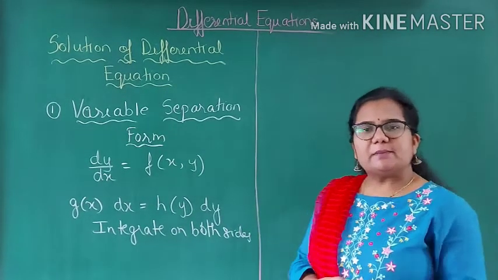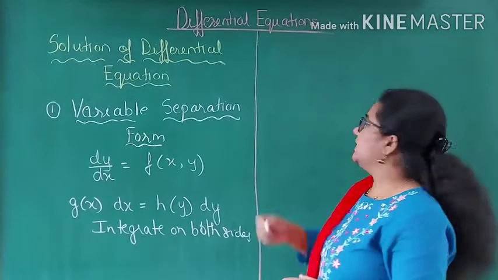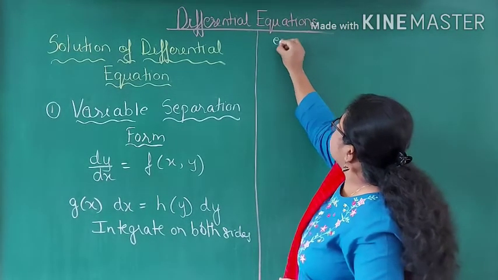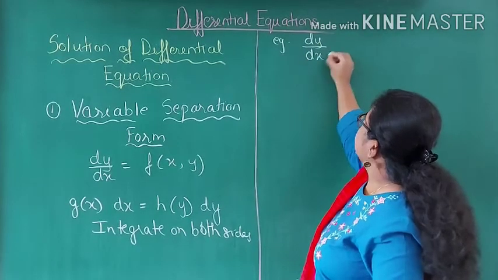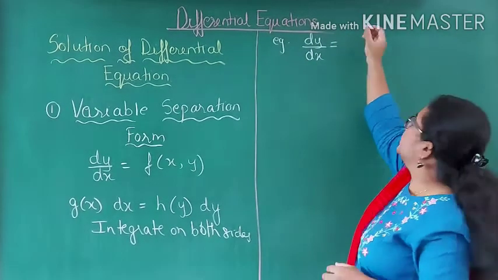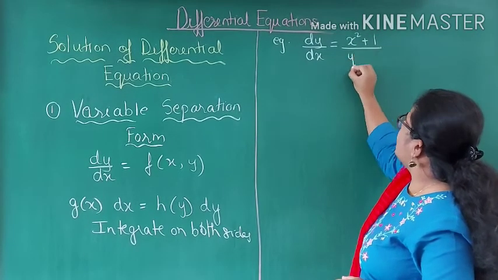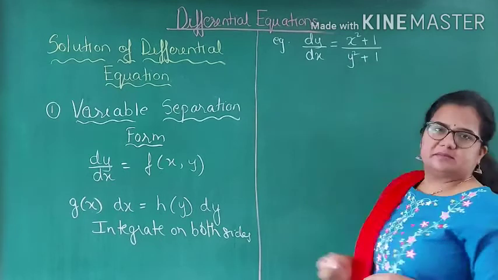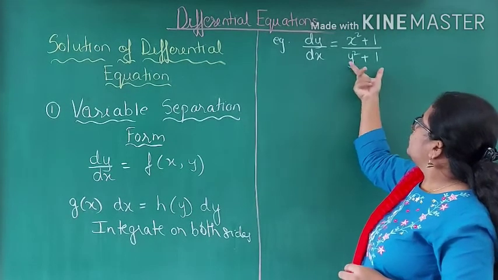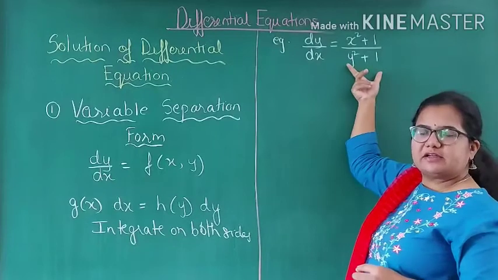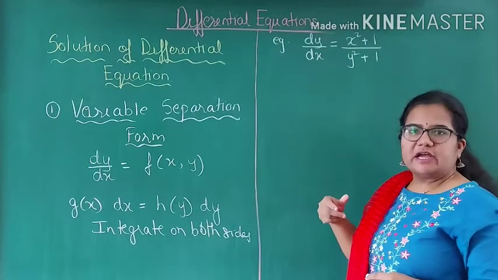Now I will take one simple example so that you understand what is separation of the variables. See, suppose you have a differential equation dy by dx is equal to (x square plus 1) upon (y square plus 1). So this is a very simple example. Even if you cross multiply, with the denominator here the function of y is there, with the numerator here the function of x is there.